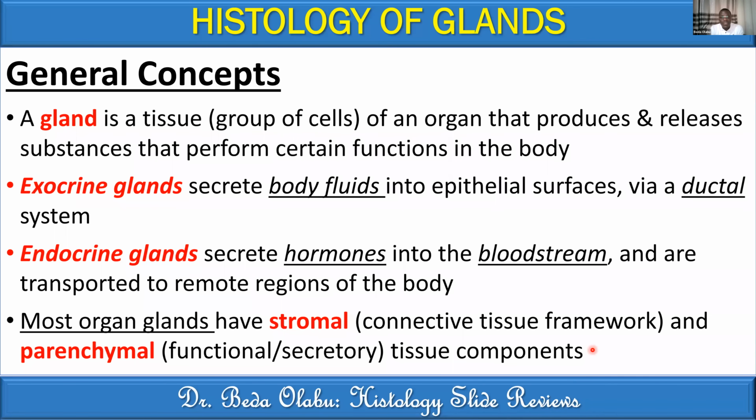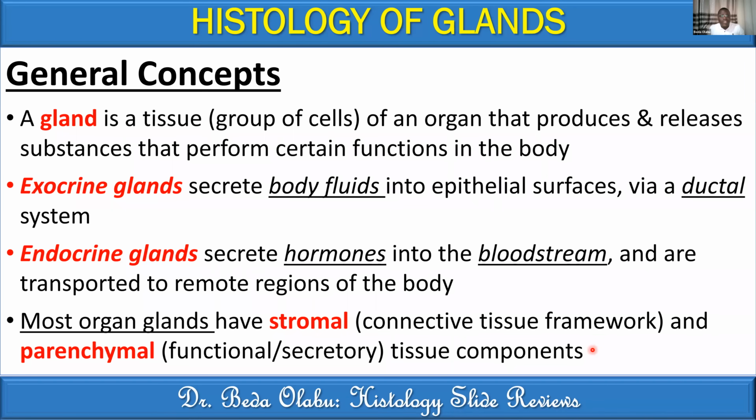The stroma refers to the connective tissue framework of a gland or an organ. The parenchyma refers to the functional component of an organ. And if that organ is a secretory organ, which means a gland, then that parenchyma refers to the secretory components of that particular gland. So understand, stroma is the connective tissue elements. Parenchyma are the cellular elements that contribute to secretion in that particular gland.